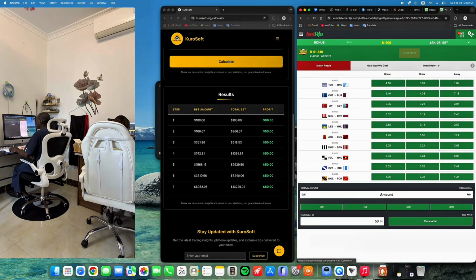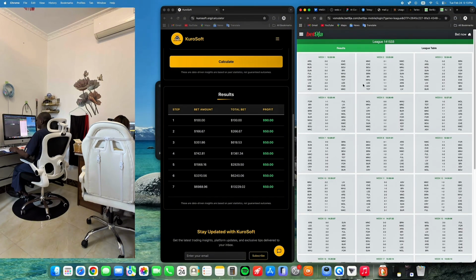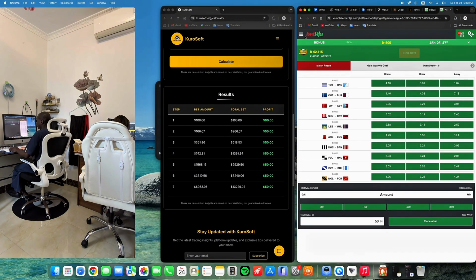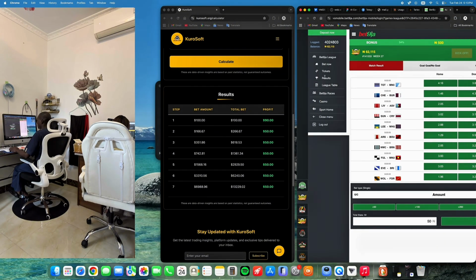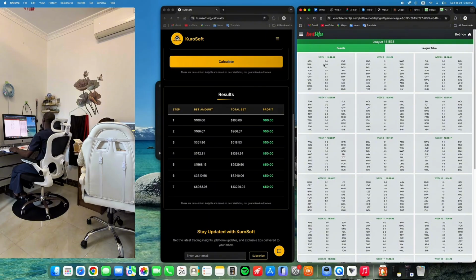Let's go to results. So what you'll be doing is looking at the team that previously lost or did not play over 1.5. Let's take for instance, we are starting with the big teams. I don't advise you to use Man City because for Man City, most of the times for it to play over 1.5, the odd will be below 1.2.